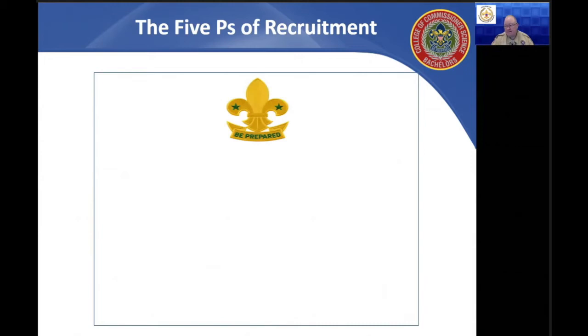Or we've got a girls troop who also struggling with leadership, but have different concerns and different needs for their unit. So those are the key things that we need to identify and prepare before we can even start thinking about recruiting and identifying those candidates to help out.